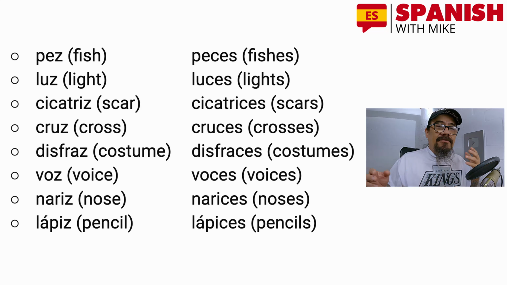Other than that, in Latin America, we just pronounce the Z like a regular S. So we say pez, peces, luz, luces, cicatriz, cicatrices, cruz, cruces, disfraz, disfraces, voz, voces, nariz, narices, lápiz, lápices.